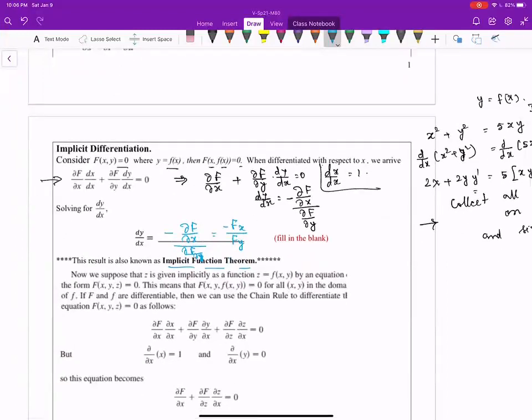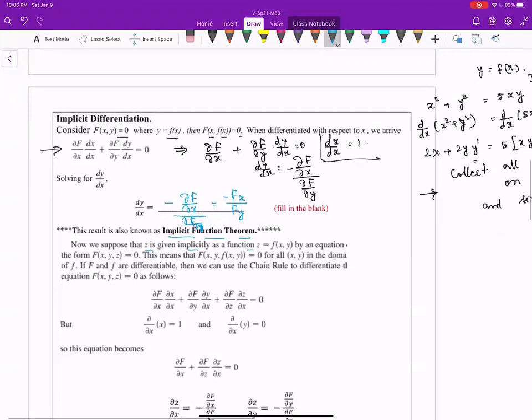Now we discussed this for only two variables, y as a function of x. Now we are going to consider z as a function of two variables, x and y. z is given implicitly as a function, z equal to f of x, y. When it is implicit, that means x, y, z are all on the same side, by an equation F of x, y, z equal to 0.